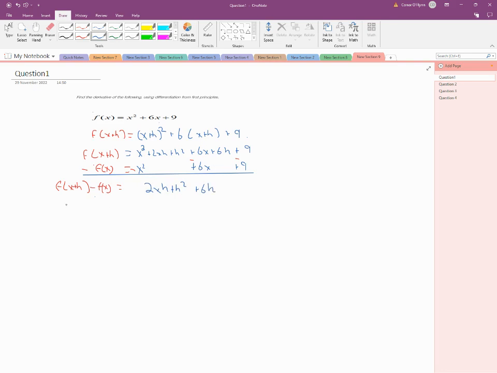So what's left? That's it. Now, next step is we're going to divide by h. So all we're doing is knocking an h off our right hand side.